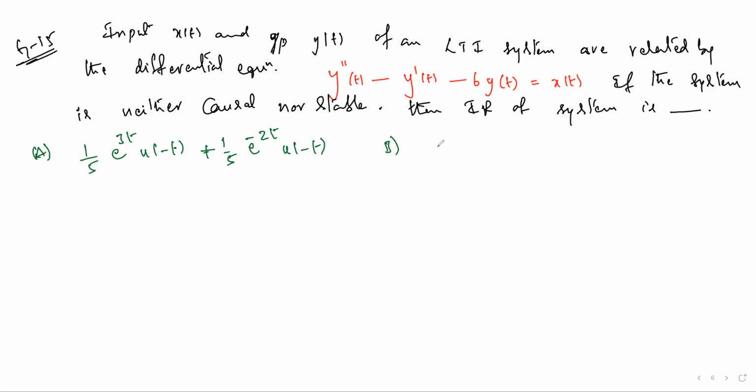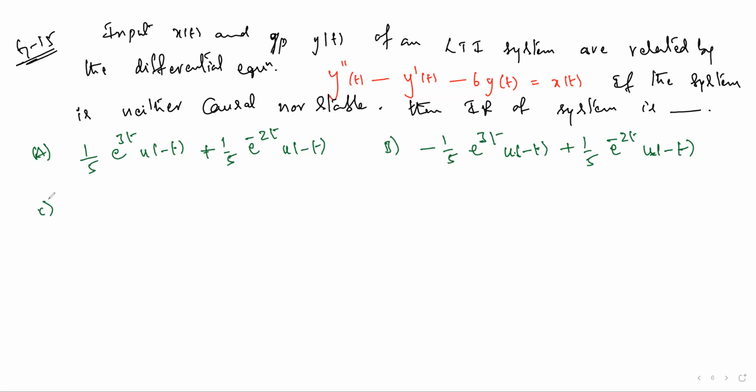Option B: minus 1 by 5 e to the power of 3t u of minus t plus 1 by 5 e power minus 2t u of minus t.